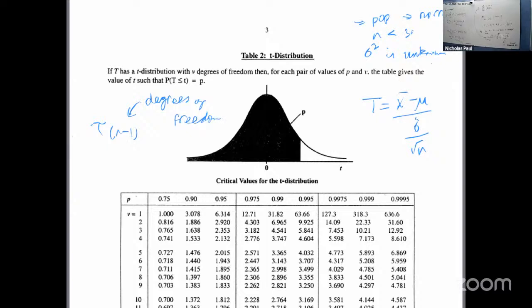So if your sample size is 10, then 10 minus 1 is the degrees of freedom. And of course, you have to know what percentage you're reading off. So let's take a small example of how to actually use this distribution. Write down the conditions, please, to use the t distribution.